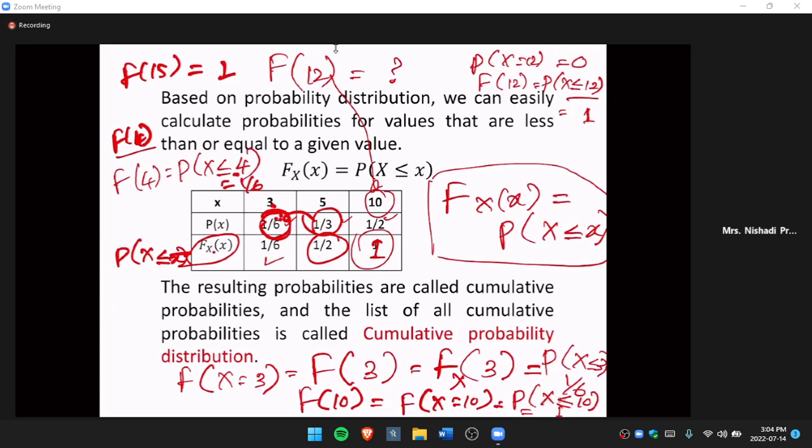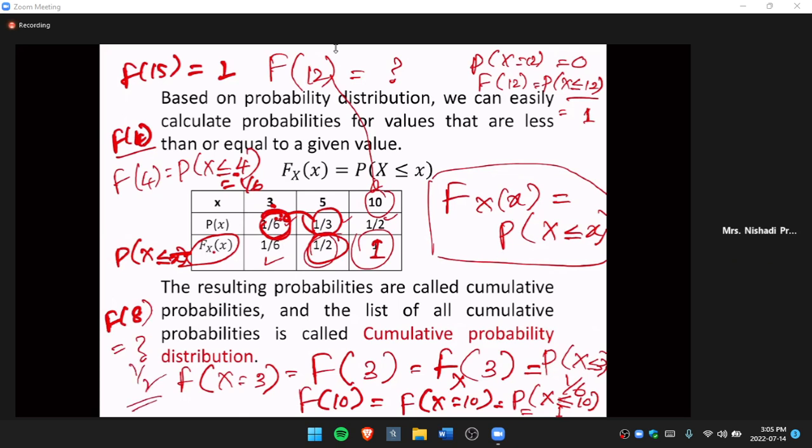If you are asked to find F of 8, what is the answer? Quickly tell me. F of 8? Half. Very good. That should be half. Understand?